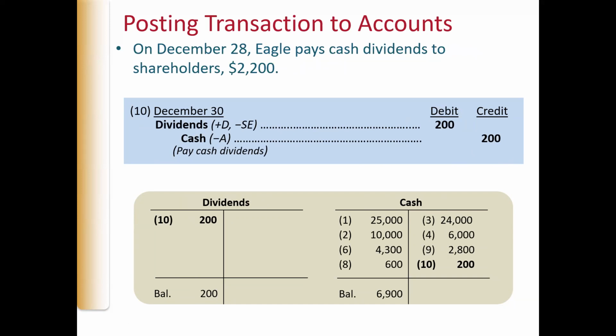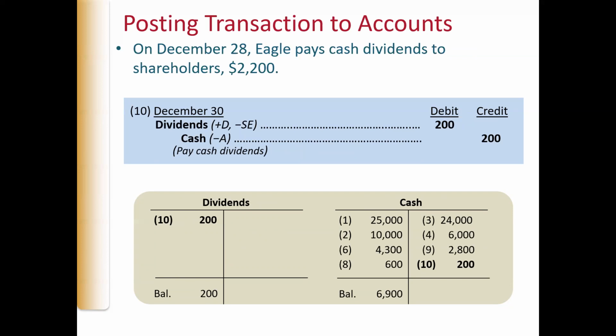On December 28th, Eagle pays cash dividends to shareholders of 2,200. What are we doing here? Dividends increase, and we know dividends have a normal debit balance.